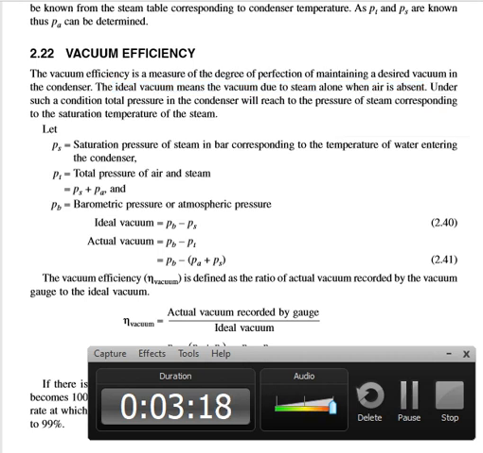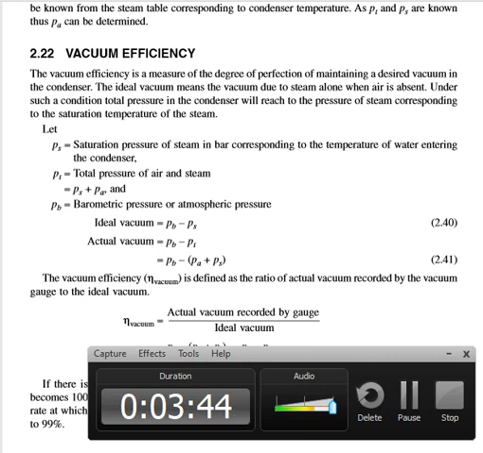When only steam is present, that is the ideal vacuum. Under such a condition, the total pressure in the condenser will reach the saturation pressure of the steam. Then we have to determine the different pressures: the steam pressure, the total pressure, and the barometric pressure.